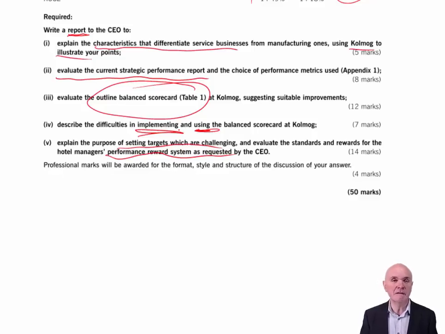Then there is using the balanced scorecard, basically interpreting the results which are coming out of it. And we have to understand a number of elements here. First of all, management has to understand the nature of the metric, and management needs to know that sometimes these metrics are going to be imperfect. So if you're looking at the occupancy rate of a hotel, then this could well drop at a weekend, or on a day when there's particularly bad weather, so many people cancel their trips.